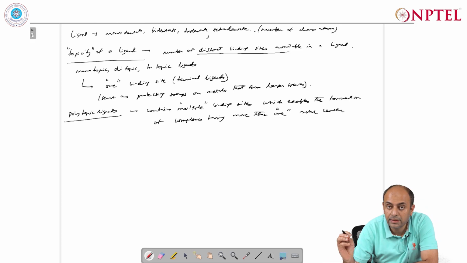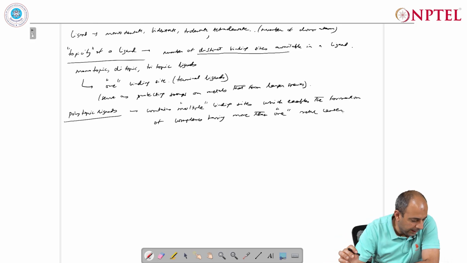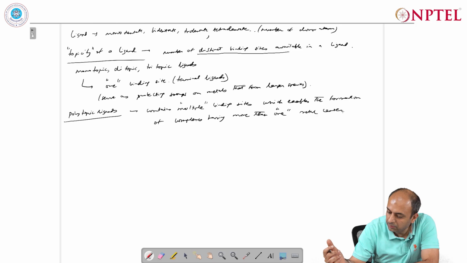So multiple metals can be included in a polytopic ligand to form the resulting species having more than one metal center.